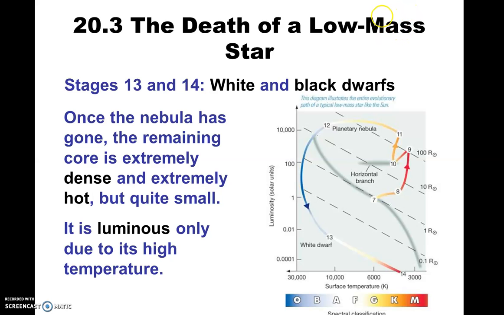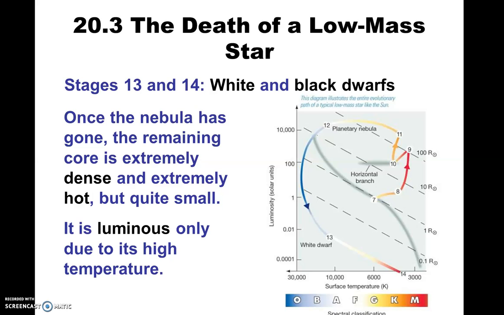But anyhow, the core. So now we concentrate on the core. It is very, very tiny and is really hot. Okay, but the heat is just thermal. High temperature that is basically just cooling off, and these things take literally billions and billions of years. These white dwarfs will take billions of years to cool off.